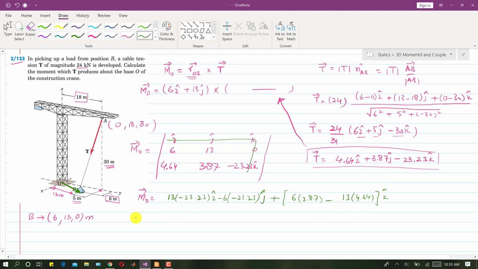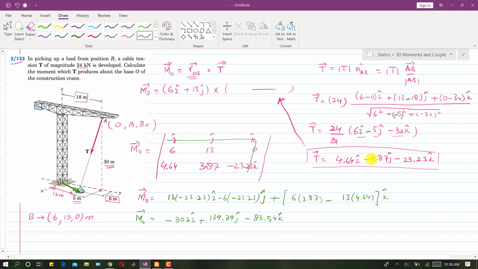When I solve this, this is the moment about O, but I have made a very small mistake. Here this is 13 minus 18, so this will be minus 5. So we need to write minus 5 here, and this will be minus 3.87, since minus 5 whole squared, with square, minus and plus doesn't matter, but here it matters.